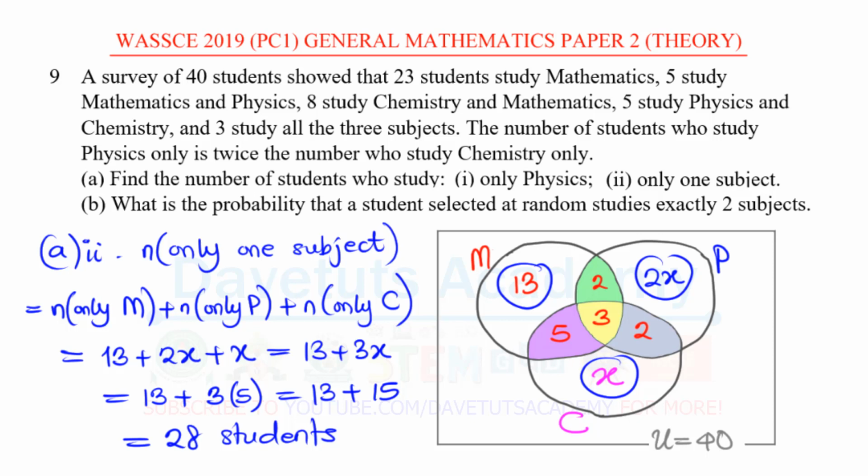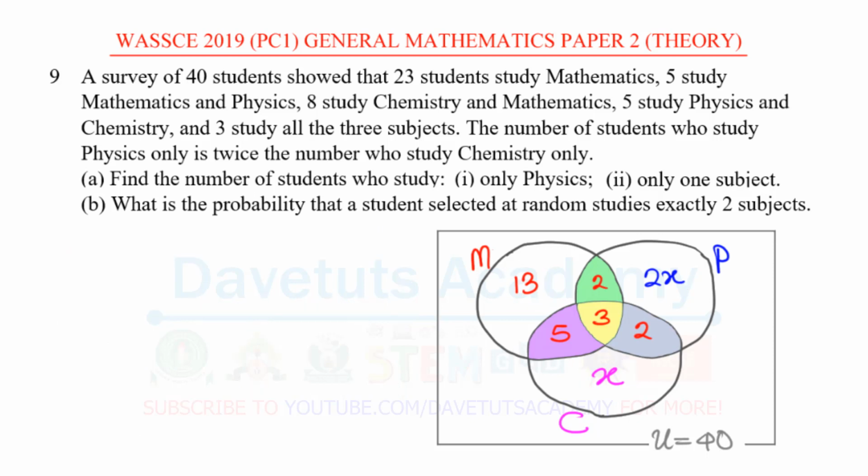All right, so let's now go ahead to look at the last question. In question number 9b, we are asking for the probability that a student selected at random studies exactly 2 subjects. So let me call it the probability of exactly 2 subjects.